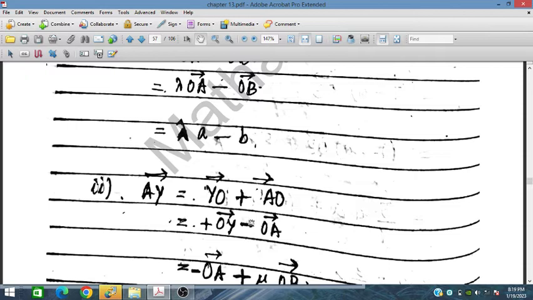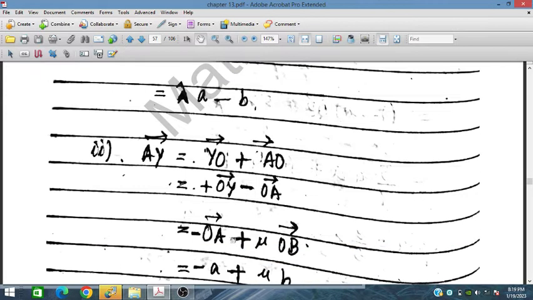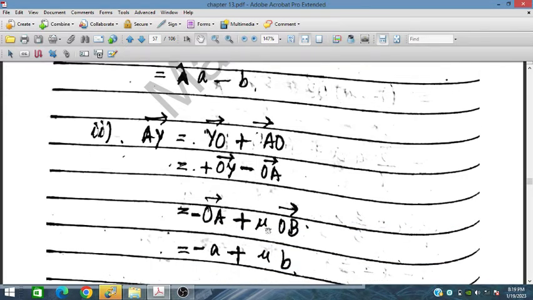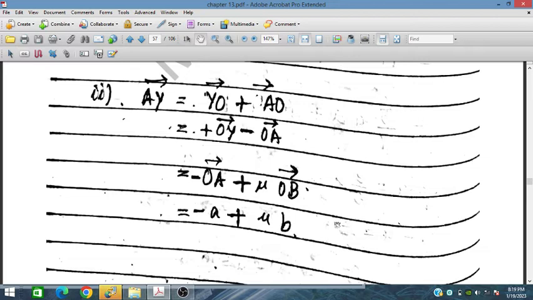This can be interchanged, so AO becomes minus OA. OY is basically mu times OB, and minus OA is minus A, so this is mu times B minus A. This is how the second part has been obtained.